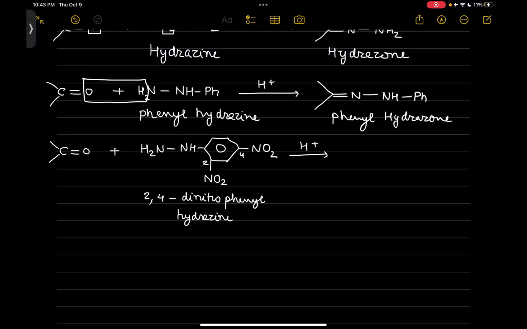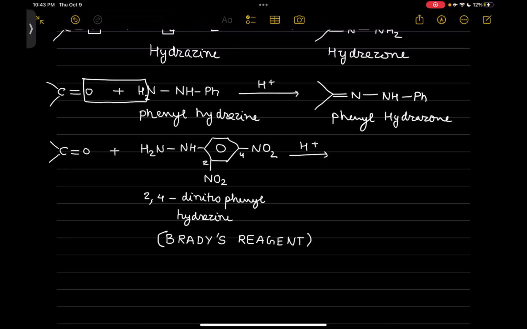Jasleen, what's the common name? Instead of telling this whole complete name, it is known as Brady's reagent. Got it?